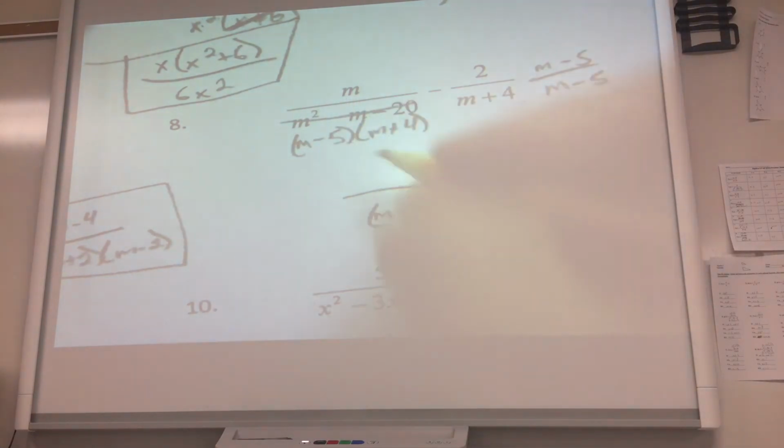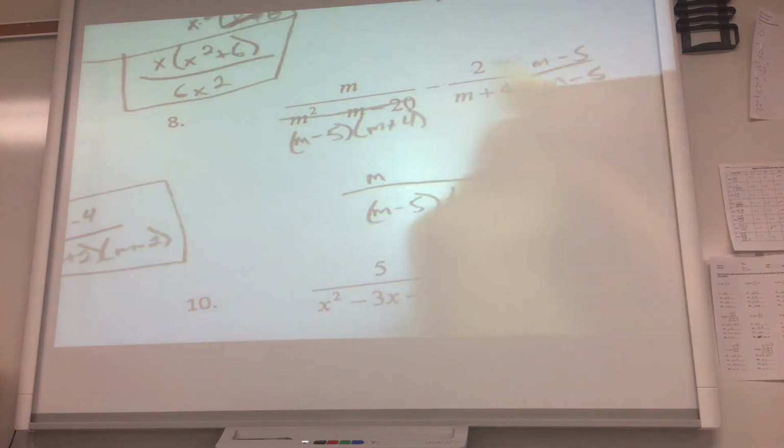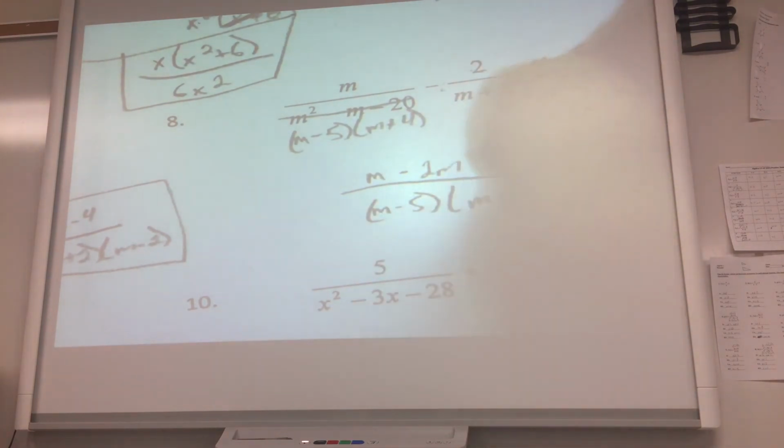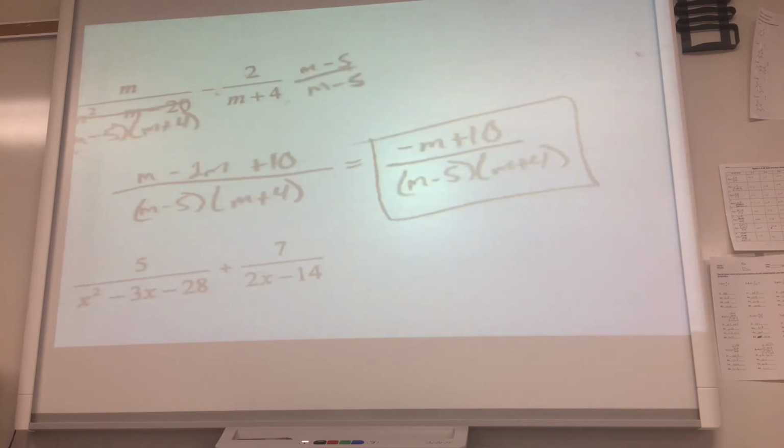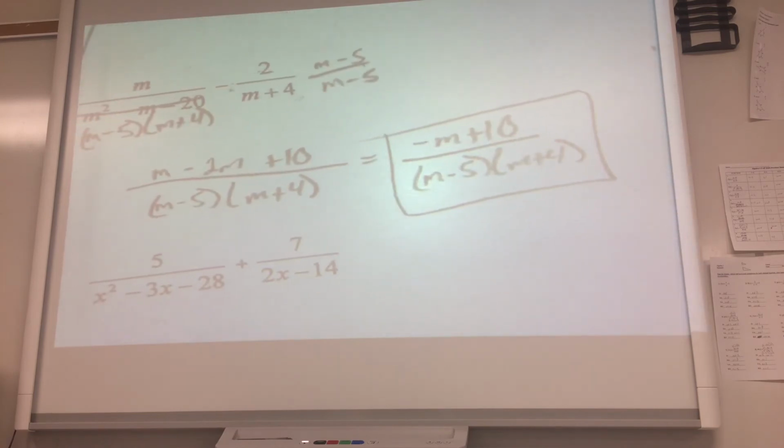I'm going to have m still on the left side. Minus 2 times m is negative 2m. Minus 2 times negative 5 is plus 10. So I end up with negative m plus 10 over m minus 5 times m plus 4. Oh, so there's that.